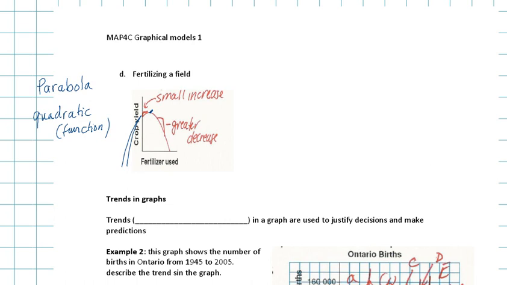So what we see at the beginning is that it's increasing to a certain point, to a max, and then the yield started to decrease. Okay?